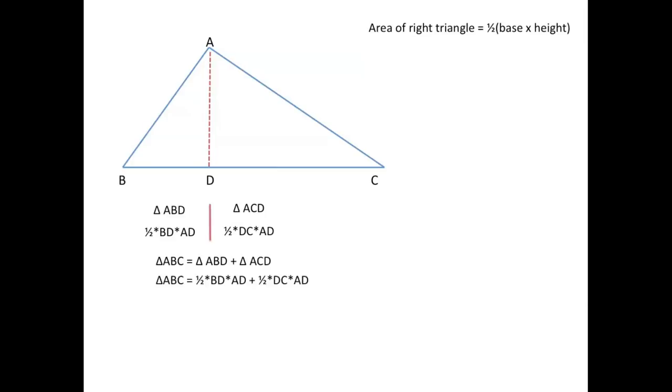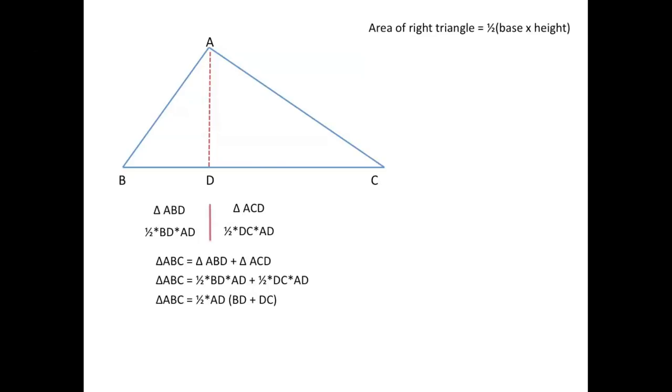The area of triangle ABC is equal to half times BD times AD plus half times DC times AD, which is equal to, if you notice, we can factor out the half and the AD.